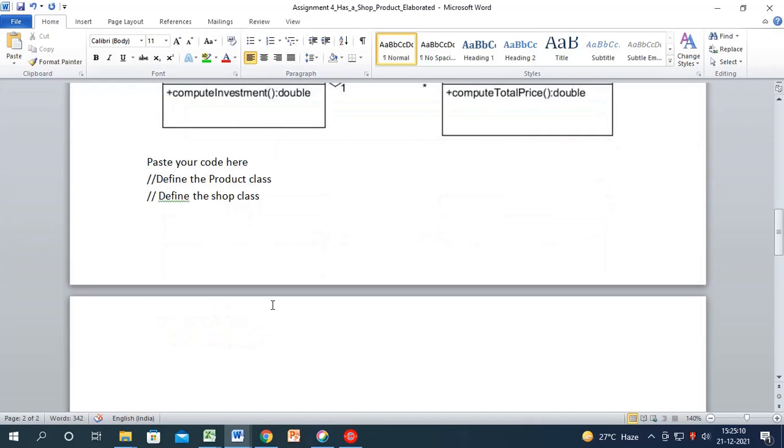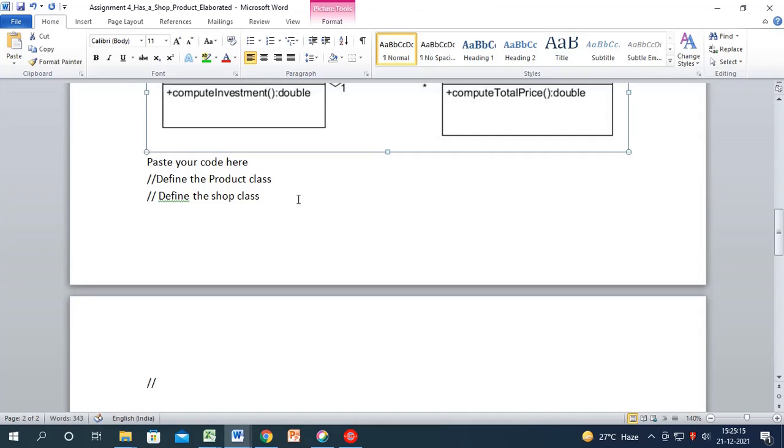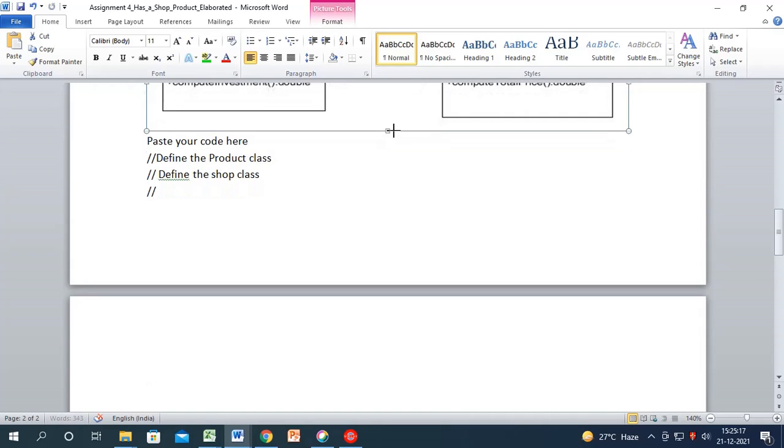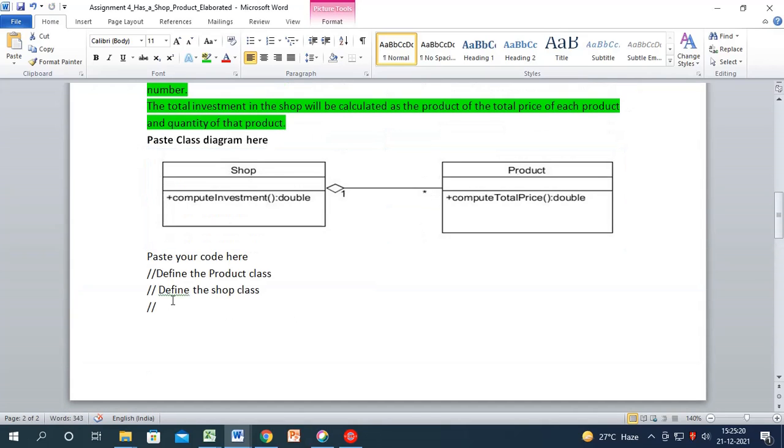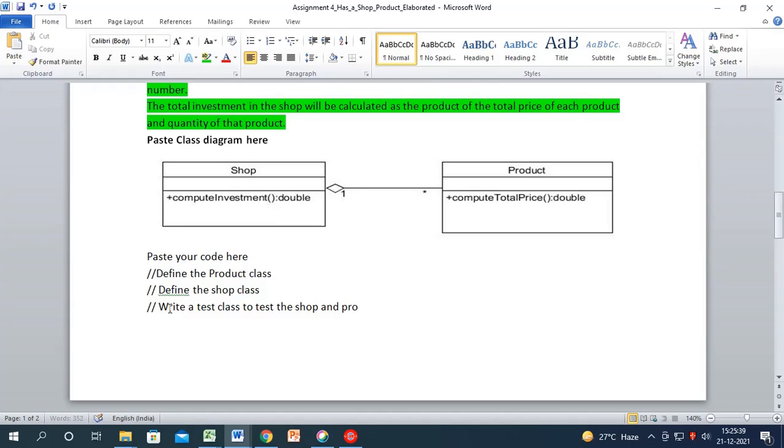And then finally you will write a test class to test the shop and products, right? So this is the test class. This will have the main method.